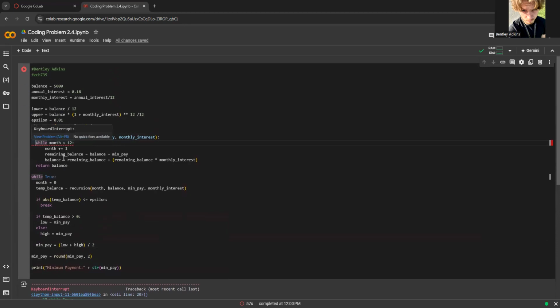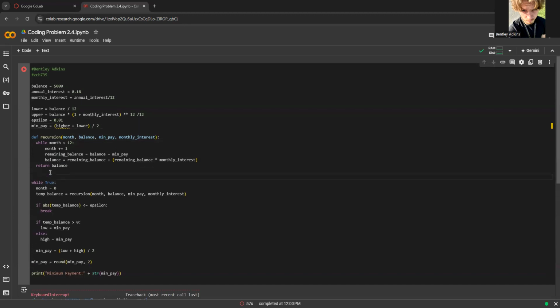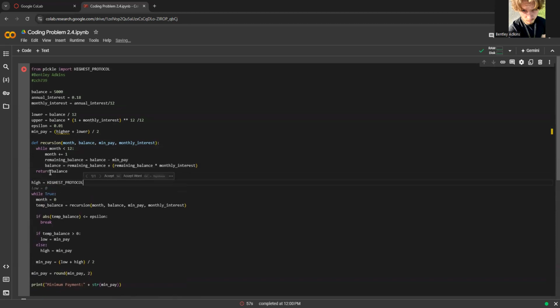Define the recursion. Hmm. Oh wait, hold on. It's supposed to be higher. That's why that wasn't working whenever I had it here. Hold on. Oops.